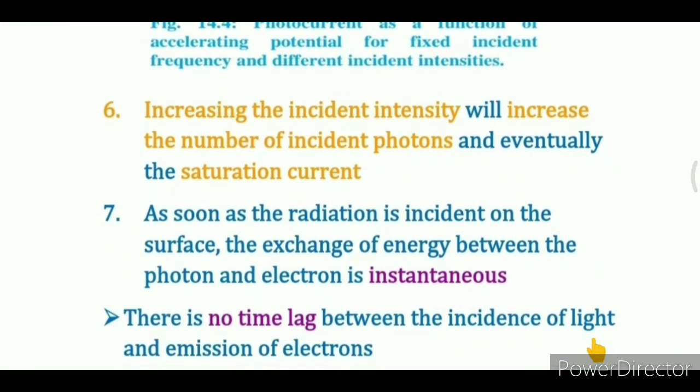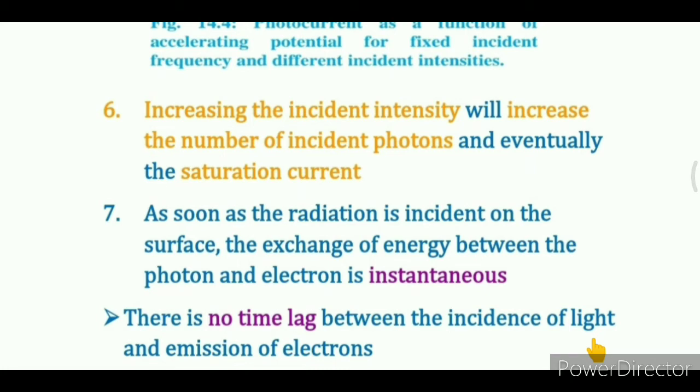As per Einstein's postulate, when energy is given by a photon to an electron, as soon as the radiation is incident on the surface, the exchange of energy between photon and electron takes place instantaneously.